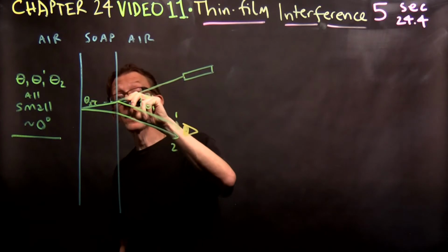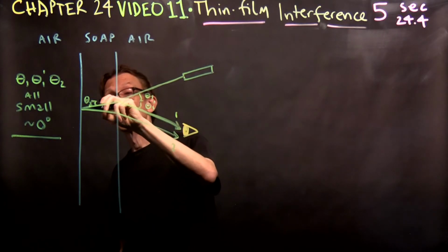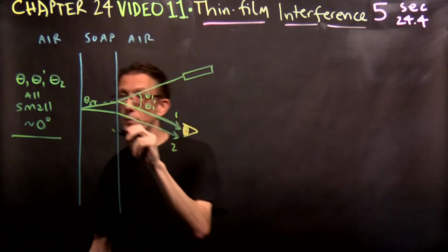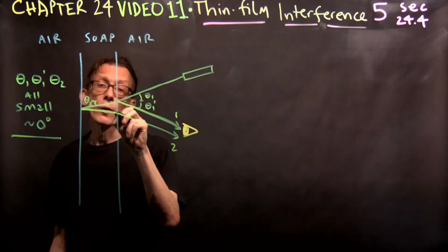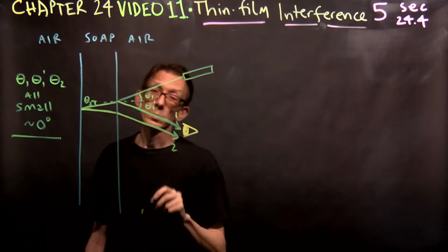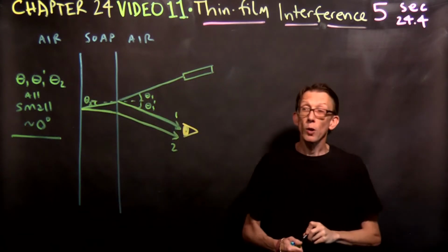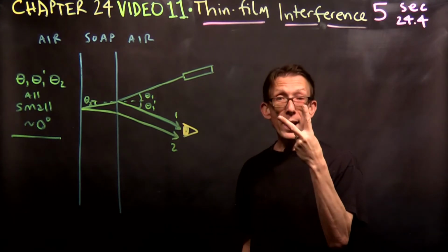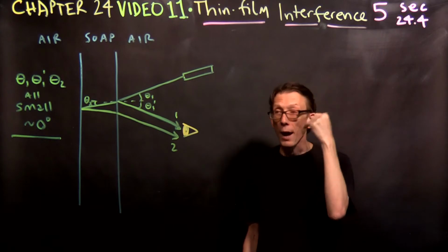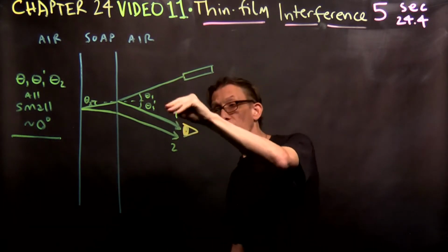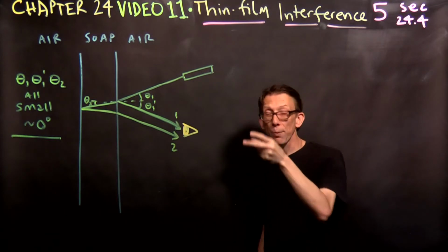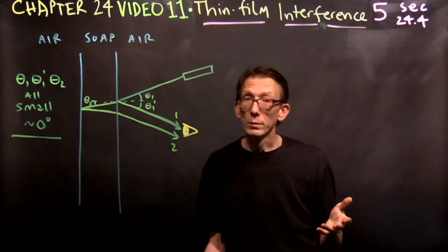It has refracted into the soap film, reflected off the back surface of the soap film, and then refracted back out into the air. Okay? So we have two different rays hitting our retina. I've drawn them separately, but in reality these angles are very small, so they're right on top of each other. I draw them separately just to keep track of them.